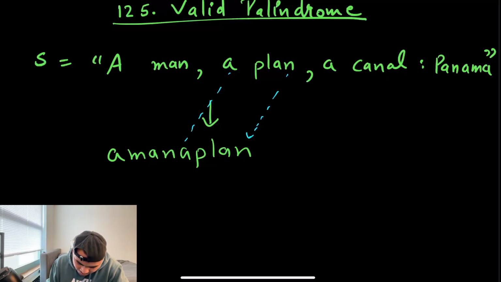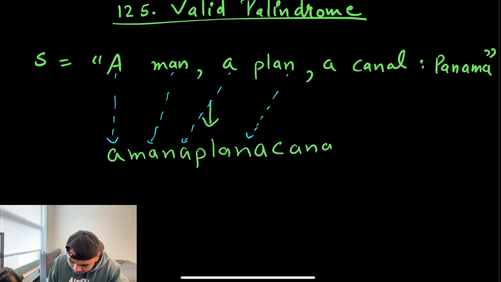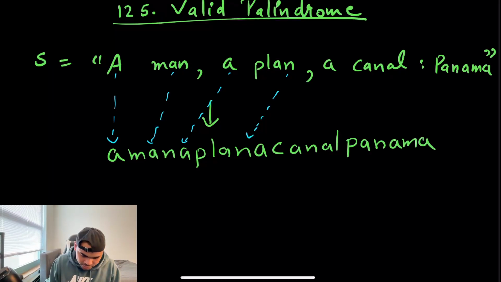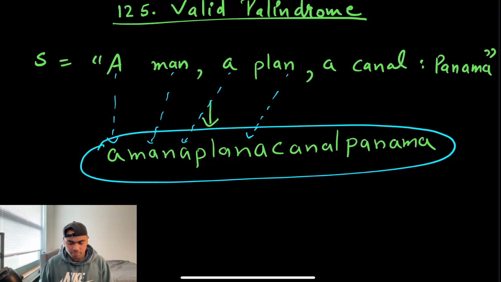I'm converting them into lowercase and also removing non-alphanumeric values. And then we get ACANALPANAMA. Now this value we have to check if it is a palindrome.